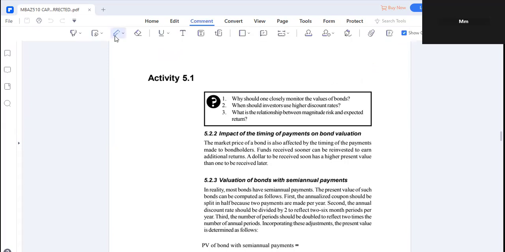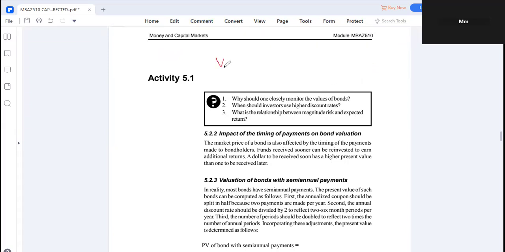The value of the bond is given by the coupon value, the present value annuity, then plus the maturity value, present value factor. We looked at this in our previous class on the computation of bonds.